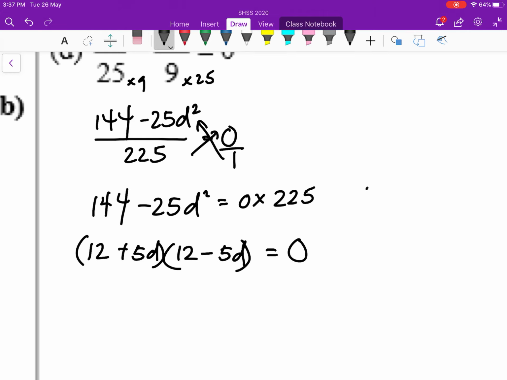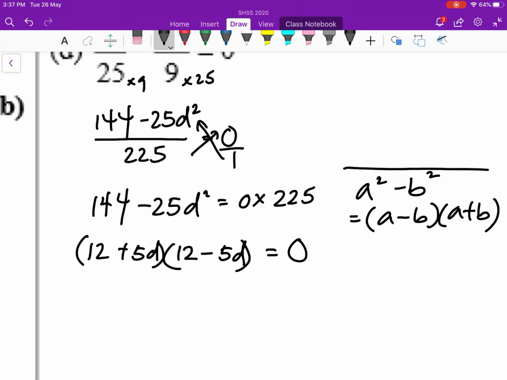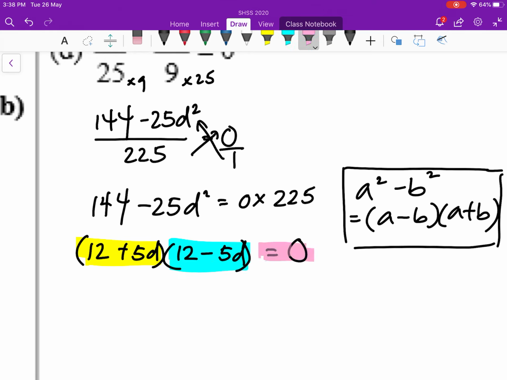This factorization is the a squared minus b squared factorization, where you get (a minus b)(a plus b). You should know this factorization by now. Then you get the perfect yellow times blue equals 0. You get this.